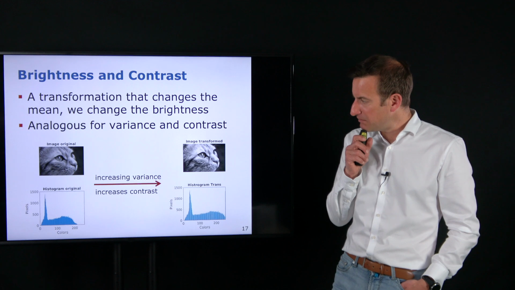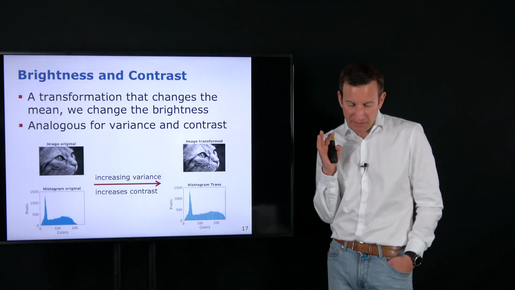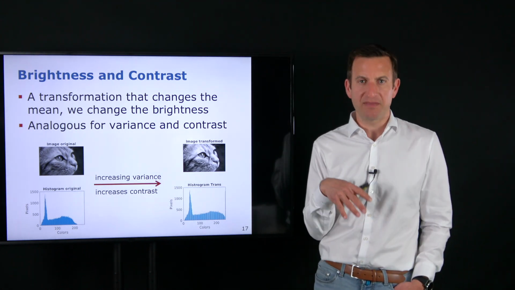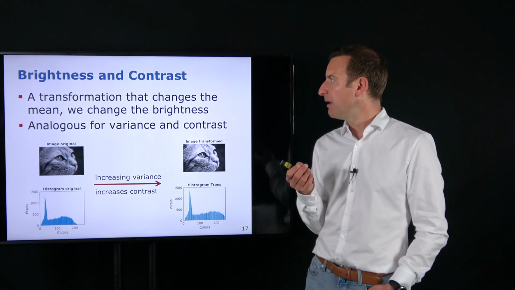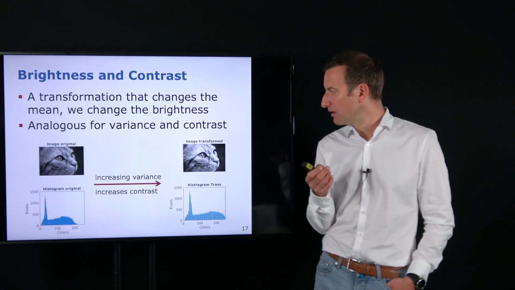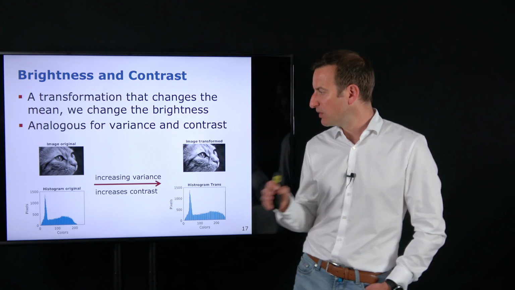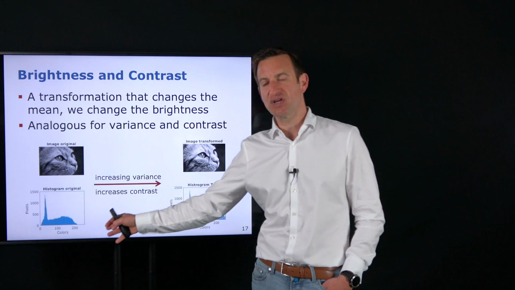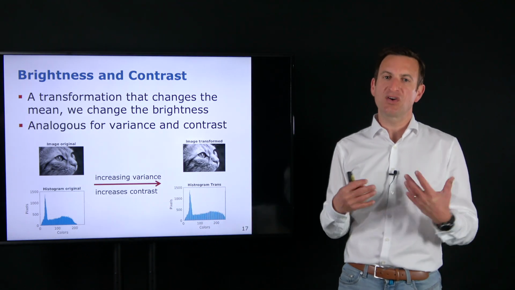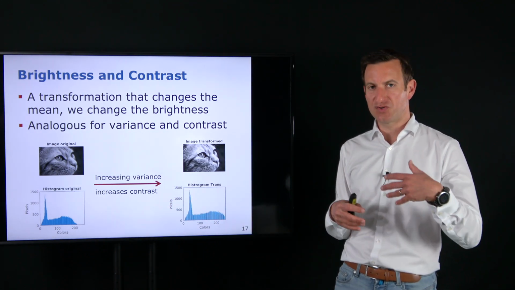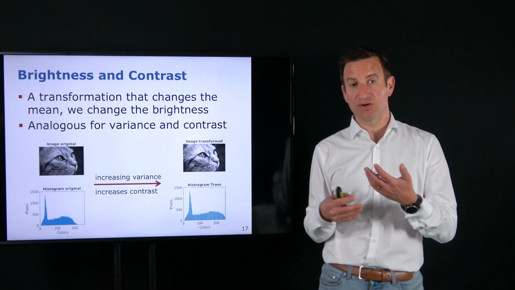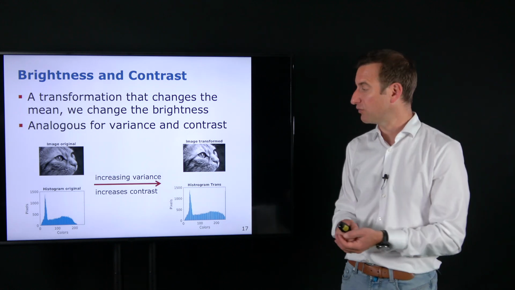Okay, so if the mean tells me something about the brightness and the variance tells me something about the contrast, that means we can actually generate transformations which change the image, and this way also change the histogram, in order to increase the brightness, or reduce the brightness, or to increase the contrast, or to reduce the contrast.